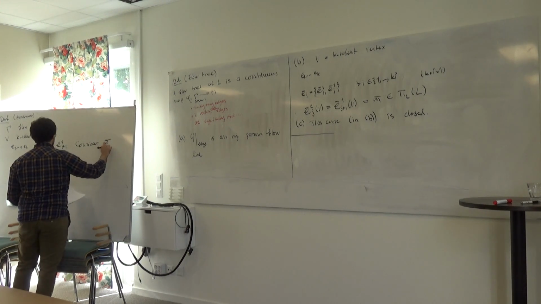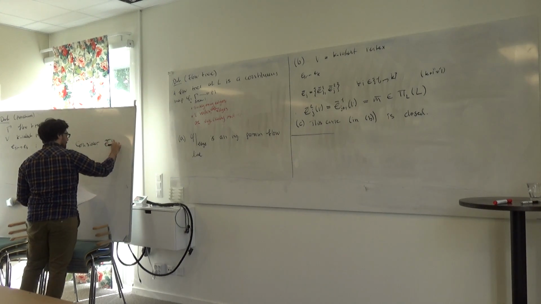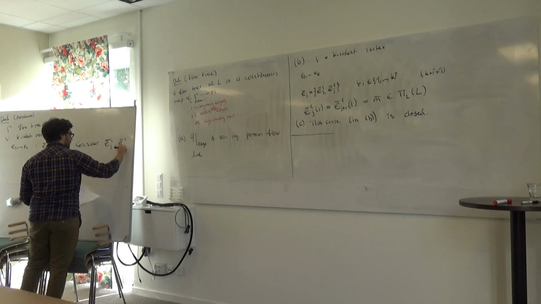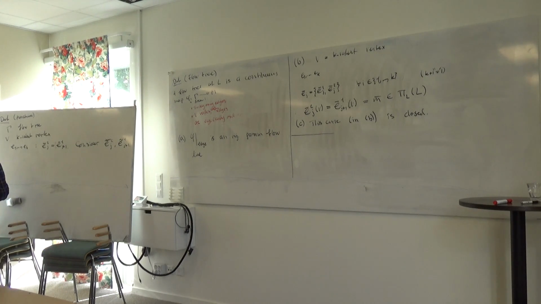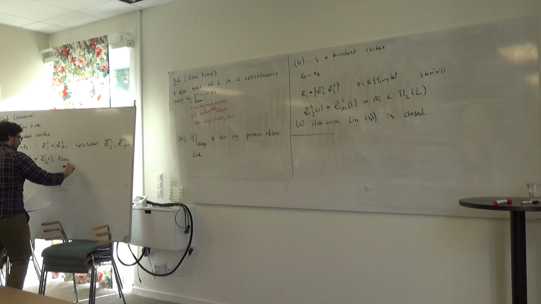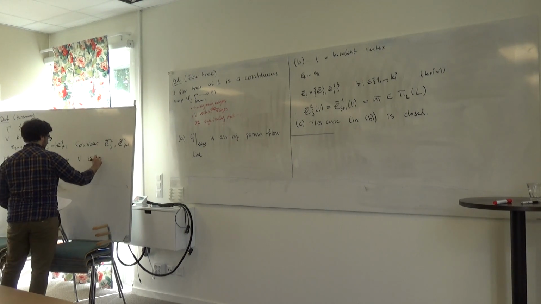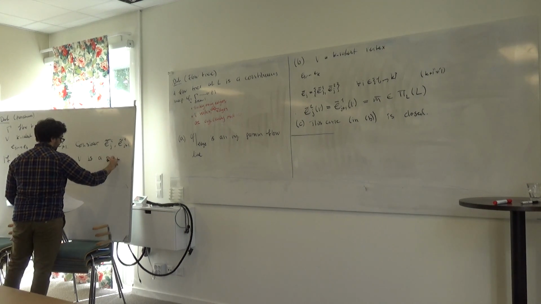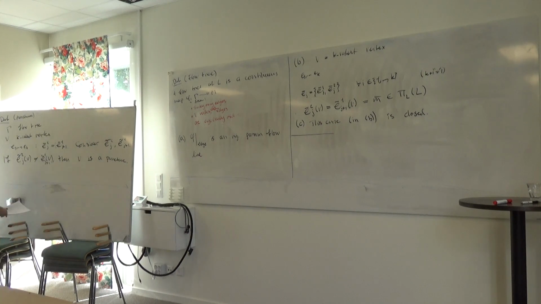Instead of a bar, we have a tilde. So if they are not equal at the vertex, then I will say D is a puncture.